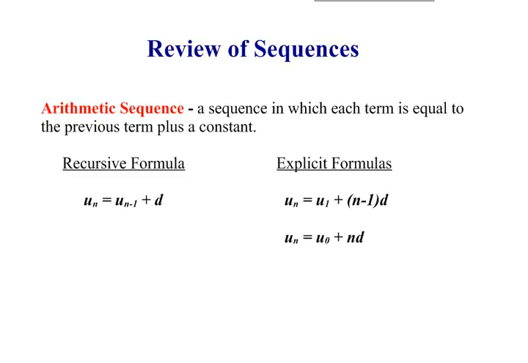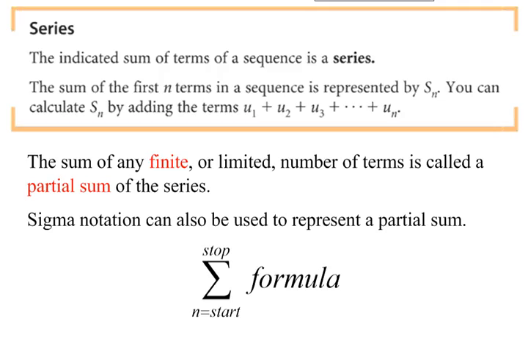Okay, now let's get into talking about series. A series. The indicated sum of terms of a sequence is a series. The sum of the first n terms in a sequence is represented by s sub n.